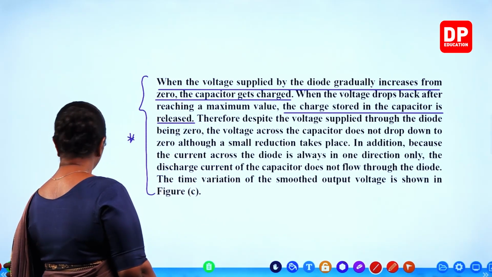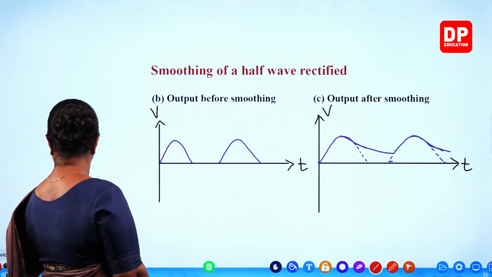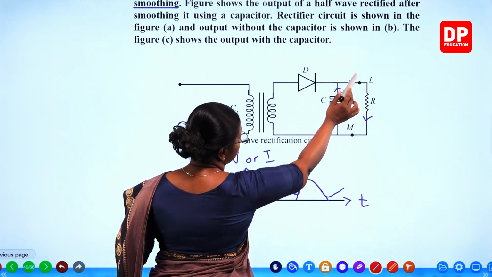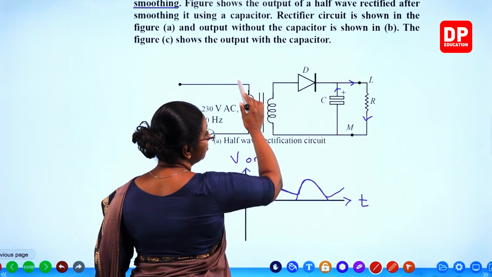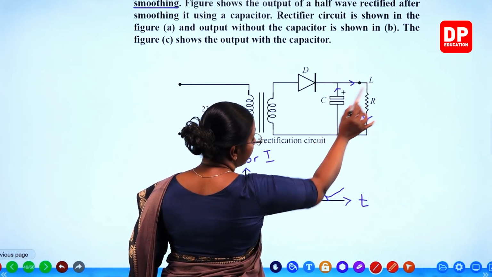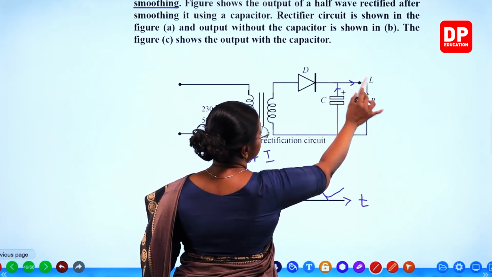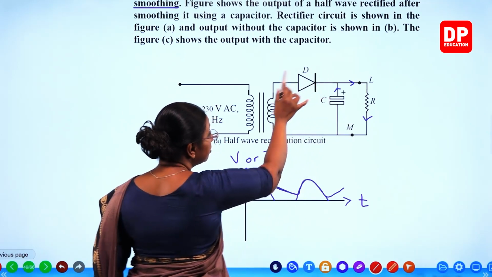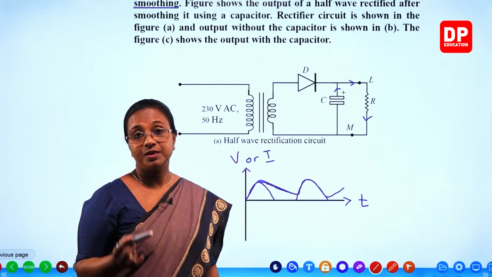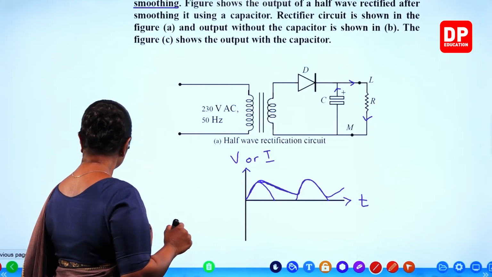So here, if I go back to the previous slide, when charges are discharged, charge cannot flow this way, no? So current can only flow in this direction. So when the capacitor discharges, the charges will flow through this, not through the diode. That is what is explained there. You have to remember that.